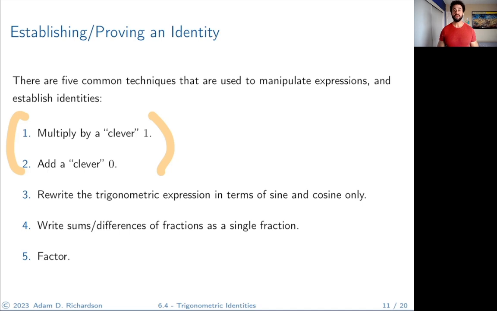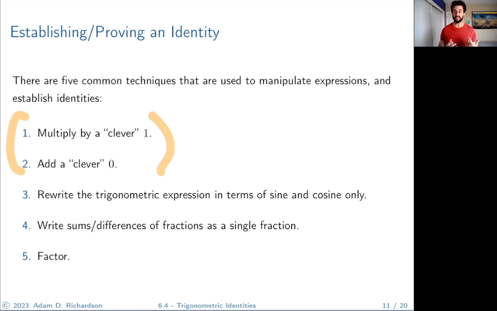Whenever you have an algebraic expression, you can always multiply by 1 without changing the value of the expression. And if you have an algebraic expression, you can always add 0 without changing the value of the expression.